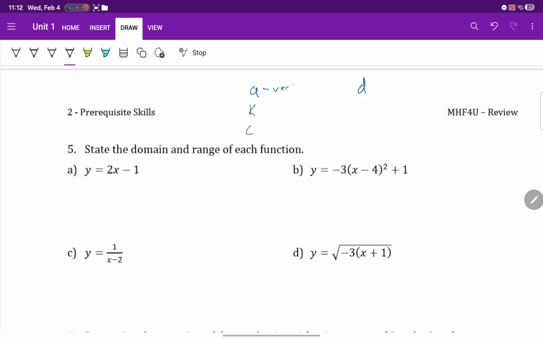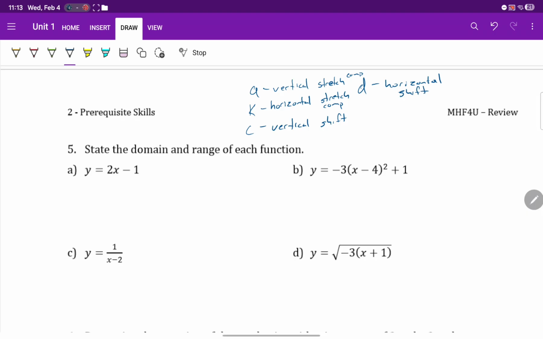A being vertical stretch or compression, k being horizontal stretch or compression, c being vertical shift, and d being horizontal shift.